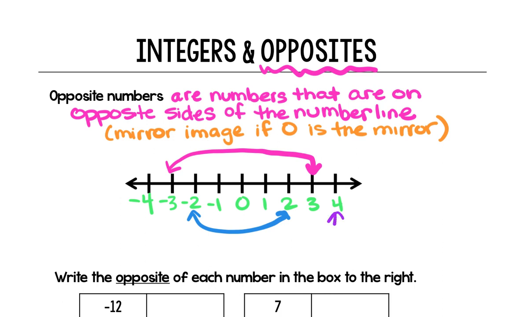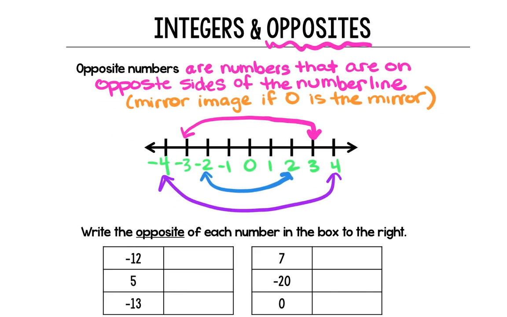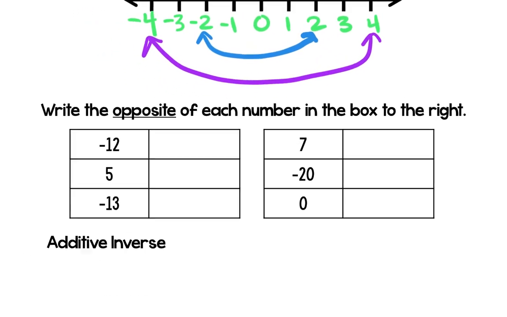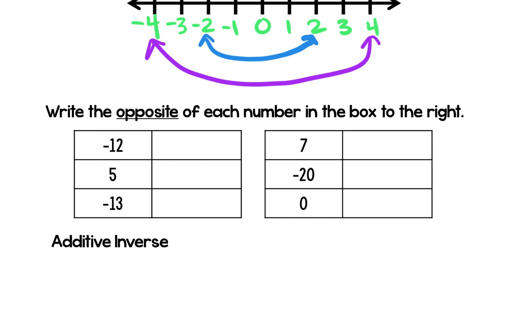The opposite of 4 is -4. So those are opposites of each other, and opposites are interesting because when you add them together, they will always make 0. So go ahead, let's fill out this, write the opposite of each number in the box to the right. So the opposite of -12 is 12. Go ahead and fill out the rest.